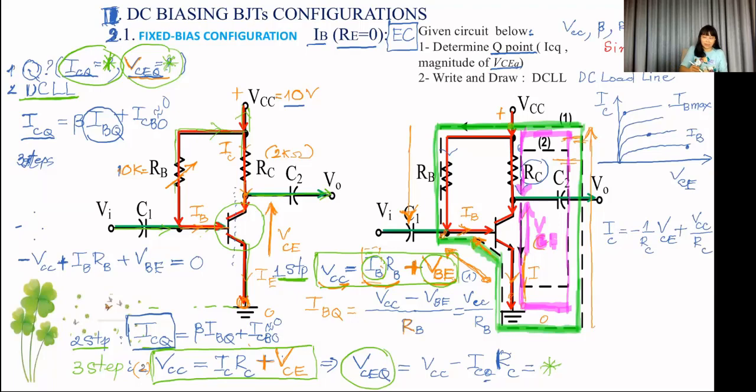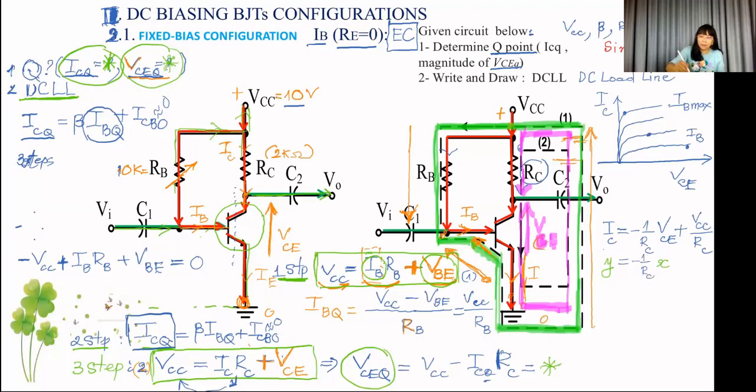What does this mean? In this second equation, you can see I change the IC here, the current, to the left side, and I change it because I would like to put it on a graph. You can see Y is equal to minus 1 over RC.